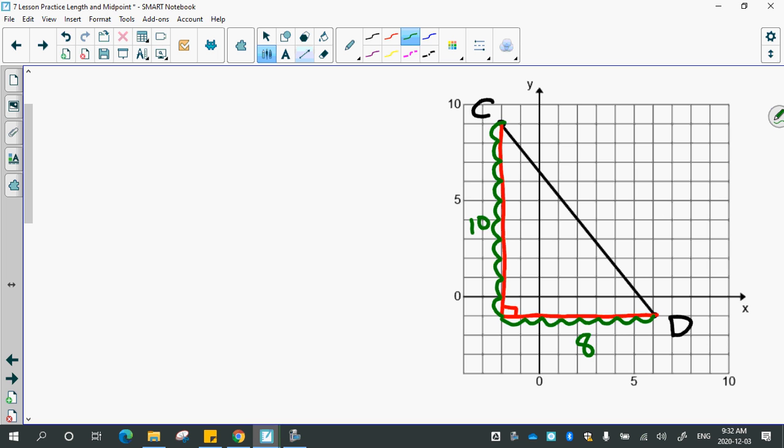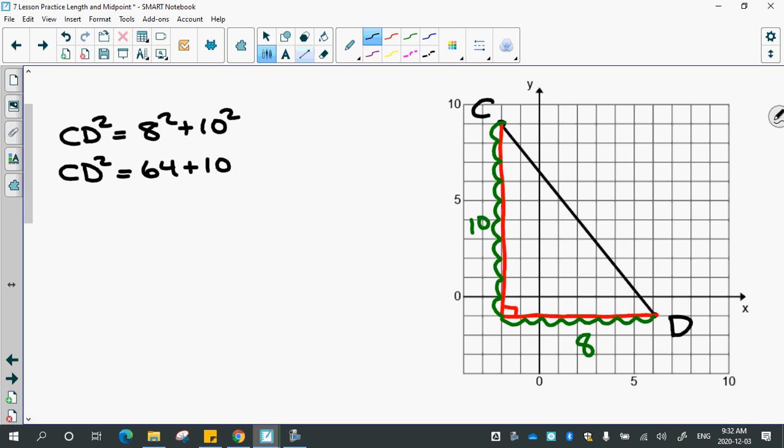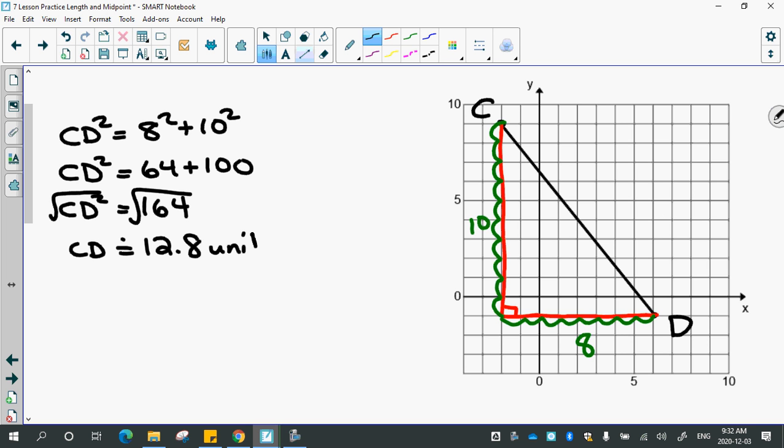And then just use CD squared equals 8 squared plus 10 squared. CD squared is 164. CD is approximately 12.8 units, which is what we got with no graph.